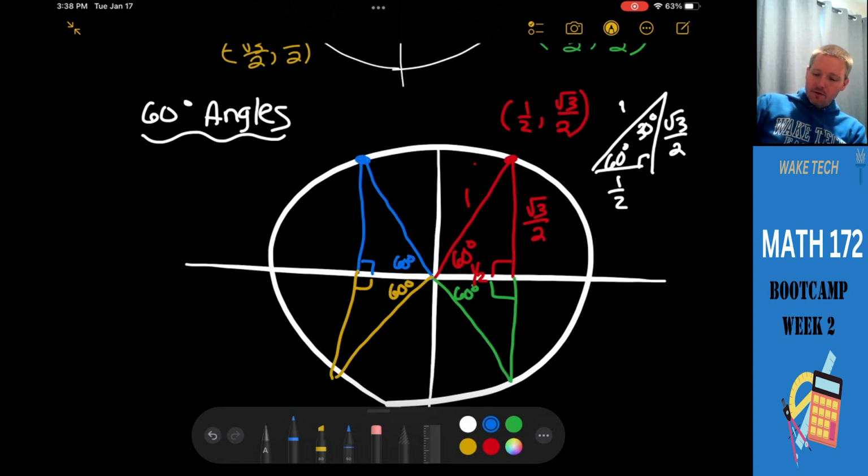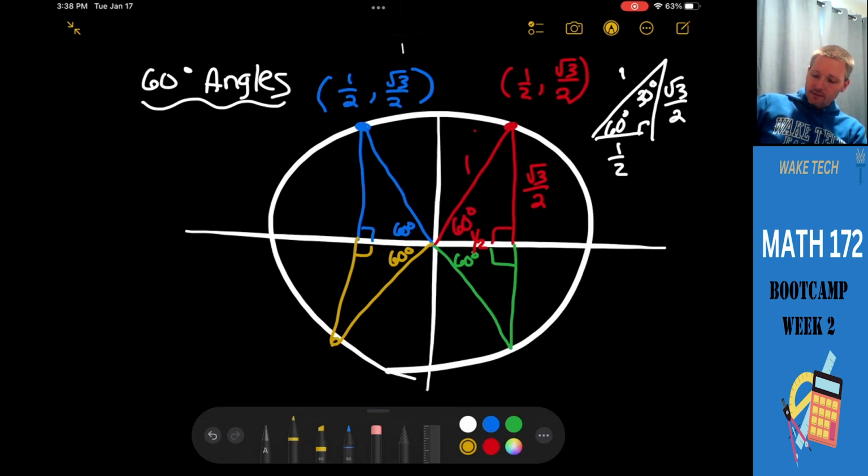For all of the other points, for all the other angles, the ordered pairs are mostly the same. I'm going to go ahead and jot those in. The only difference, just like before, is negative signs based on the quadrant we're in. So in quadrant 2, the x coordinate is negative.